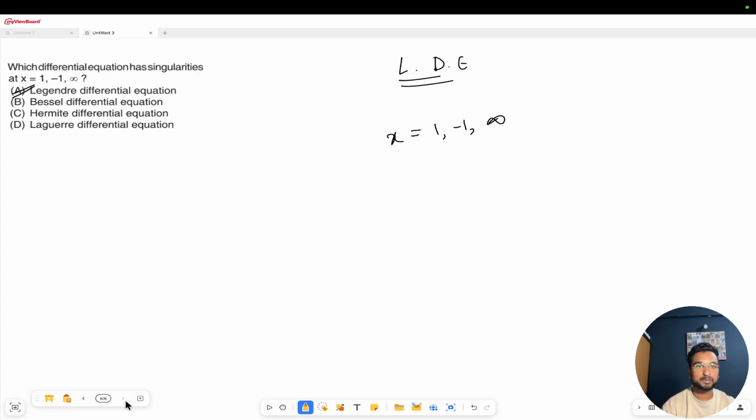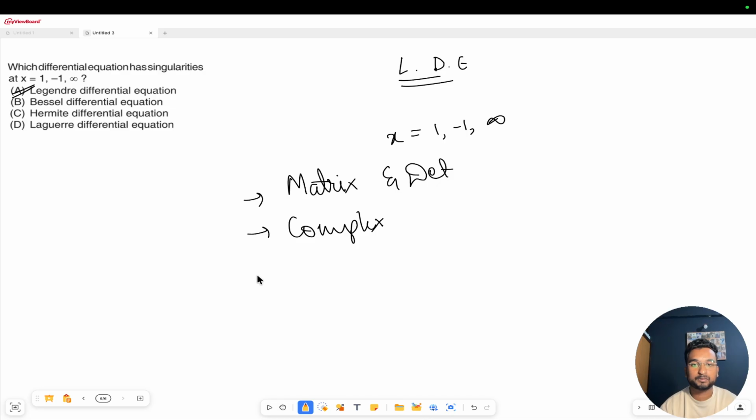Okay, so here we finish the questions related to matrices and determinants, then complex numbers, then we have done vectors and differential equations.